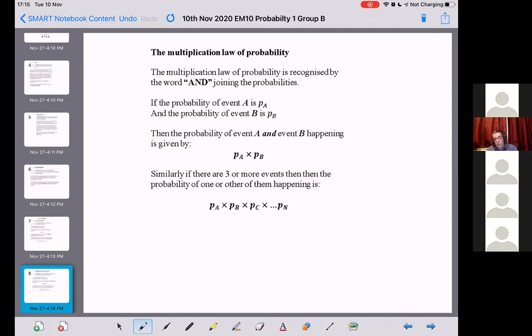Similarly, if you've got 3 or more, you just multiply them all together. So when you hear the word and between 2 or more probabilities, it means you multiply the probabilities together. Okay? Any questions? Nope. Good.